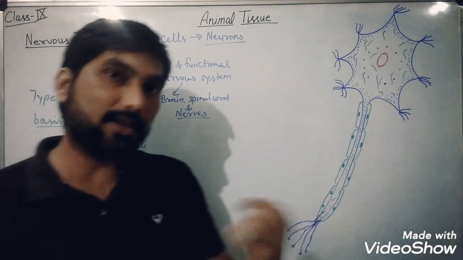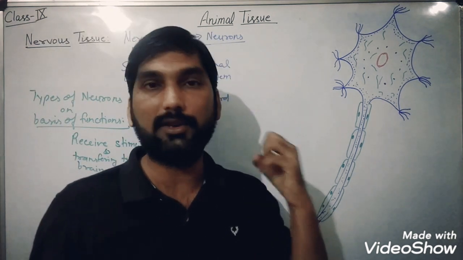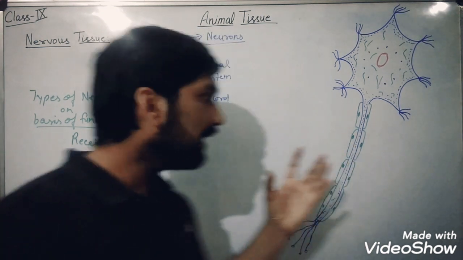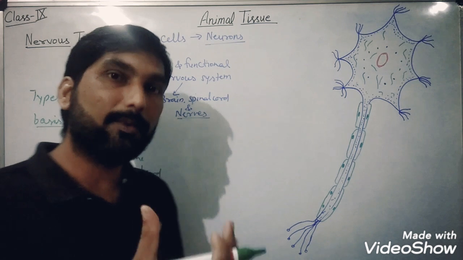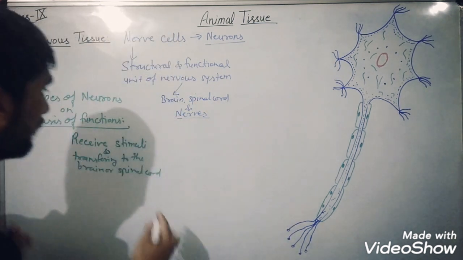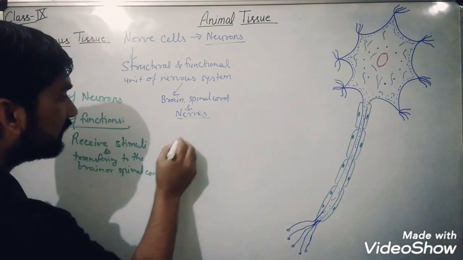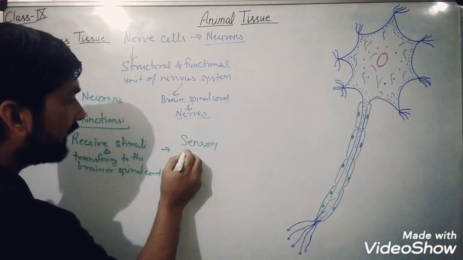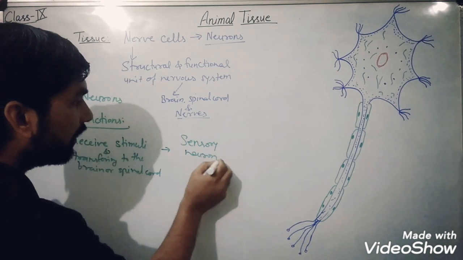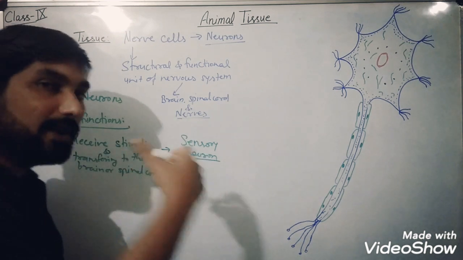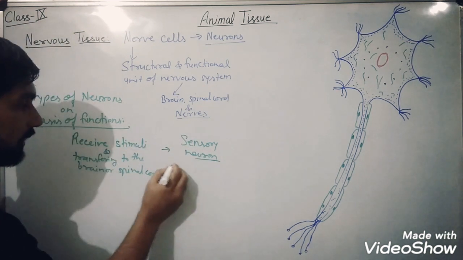Skin is our sense organ, ears are our sense organ, eyes are our sense organ. These nerves receive any change in our surroundings, and hence they are known as sensory neurons. Sensory neurons are present with our sense organs.